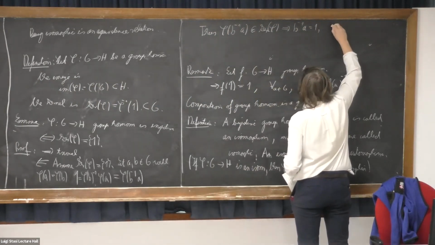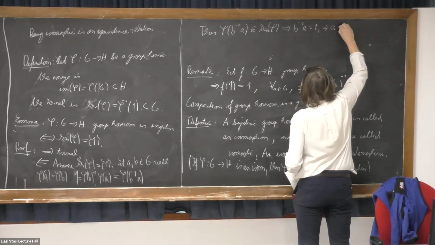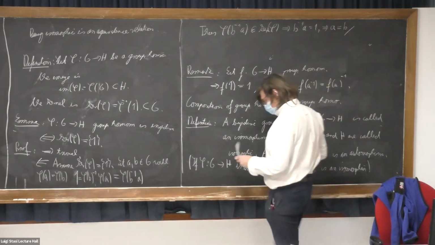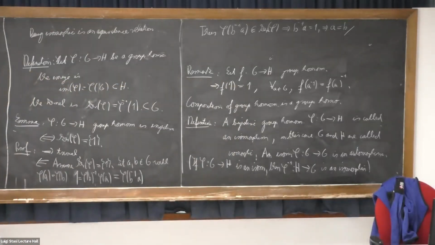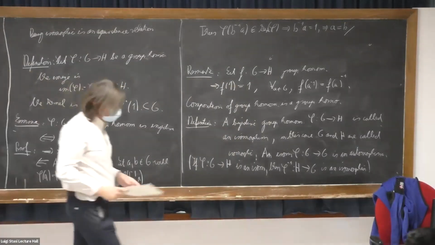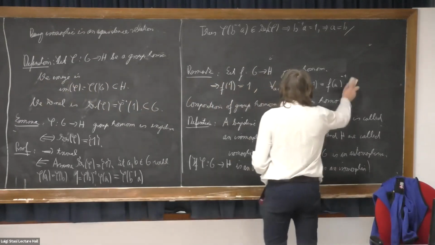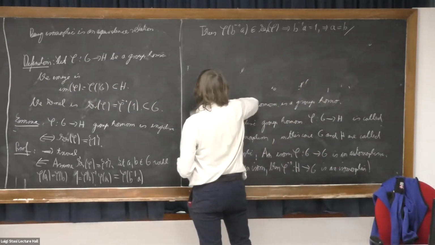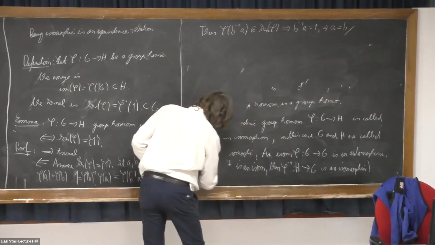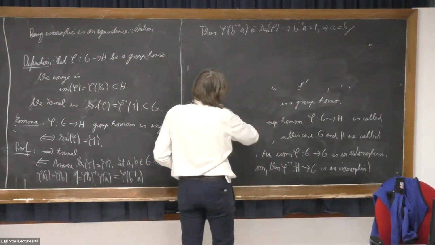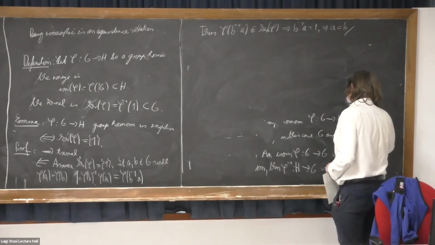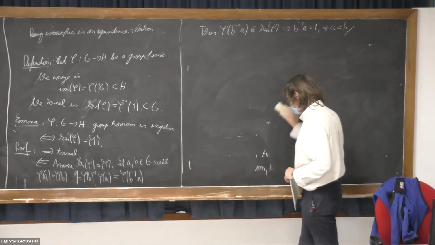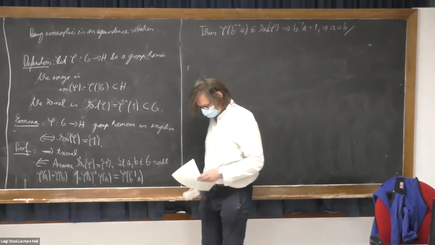Multiply by B, so A equals B. This is a simple verification. So we can therefore, like in linear algebra, use the kernel to check whether homomorphisms between groups are injective.